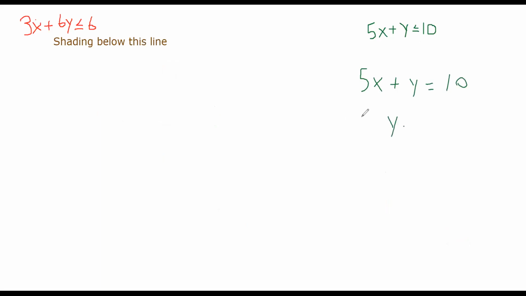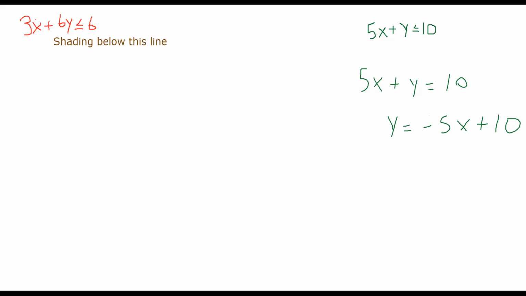Move the 5x over, y equals negative 5x plus 10. So now this is a line with a slope of negative 5 and a y-intercept of 0, 10. For every 1 unit I move to the right, the line falls 5 units.